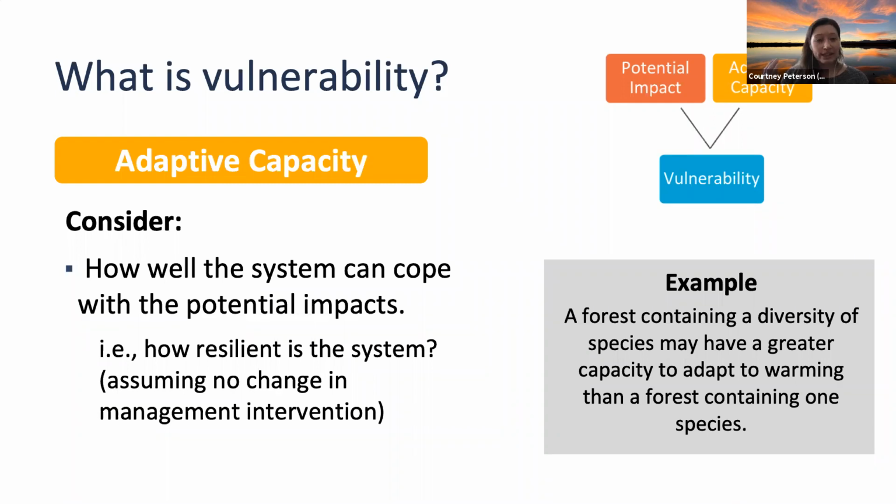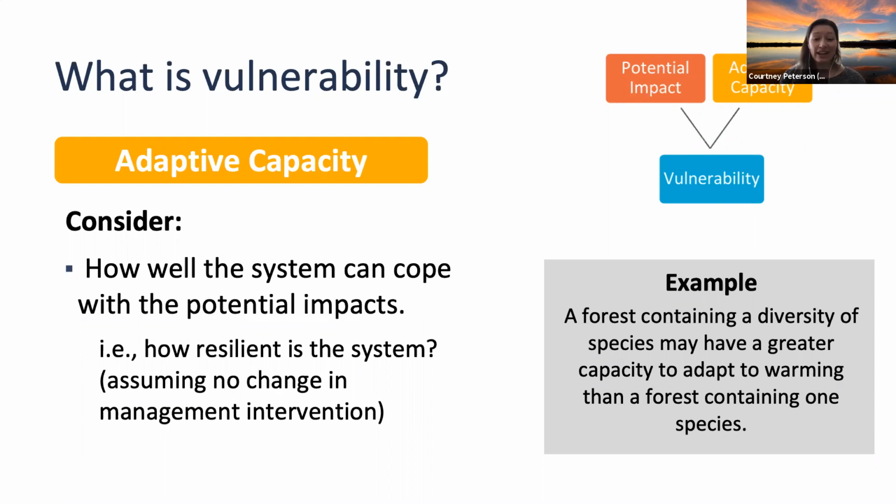And then another example for thinking about adaptive capacity, we could think about different species of Hawaiian honeycreeper. So the amakihi has a range from sea level all the way to 9,500 feet in elevation and has a really versatile diet that makes it less vulnerable to climate change impacts.